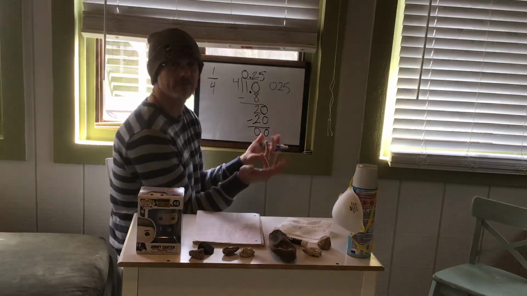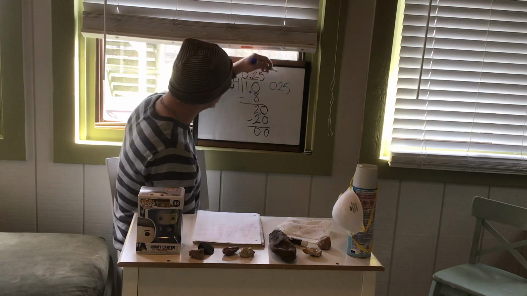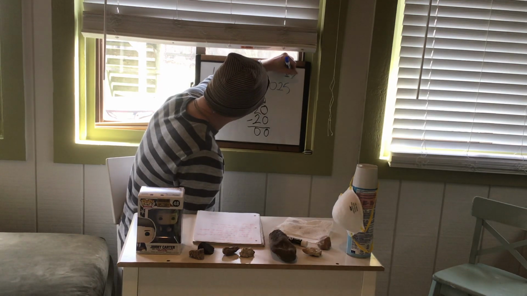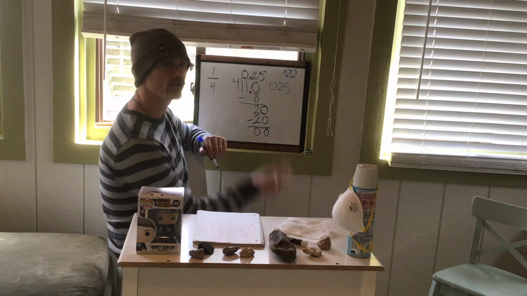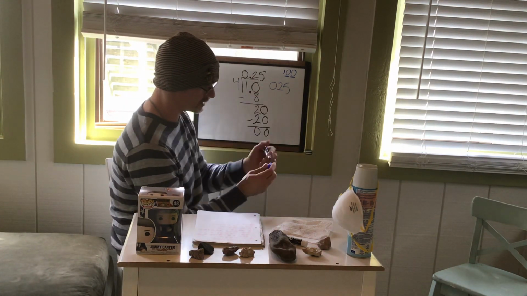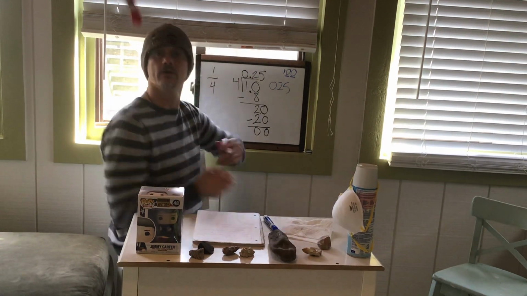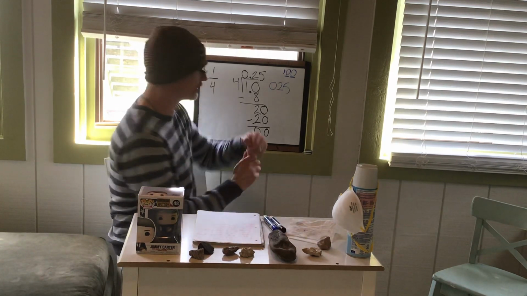Well, what would that be? So what the trick is, because in the number 100, I'm going to write it over here in the corner, you have 2 zeros. That means that we move our decimal 2 places. So we're going to take the decimal point, and maybe I'll use a different color so that you can see it more clearly. Oh, look at that. The magic of movie making.